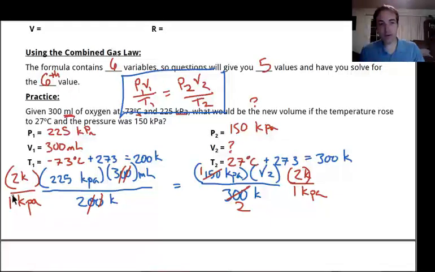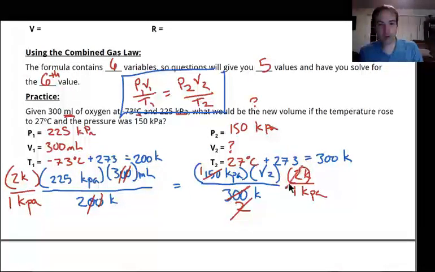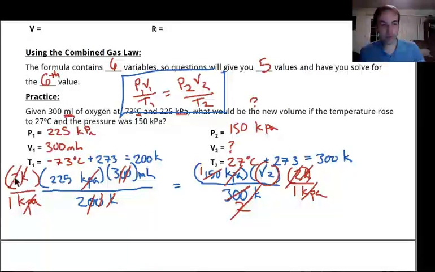The reason I did it this way is because I want my units to cancel out as well. I want to get the correct units in the end. So on this side, the 2's cancel out, the Kelvins cancel out, and the kPa's cancel out, so I'm left with just V2. On this side, my Kelvins cancel out, my kPa's cancel out, my 2's cancel out. The 1 on the bottom doesn't really matter.